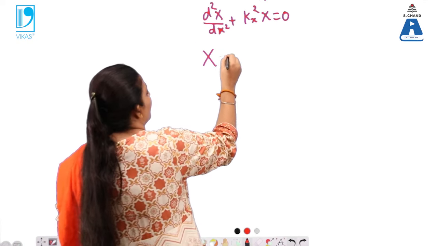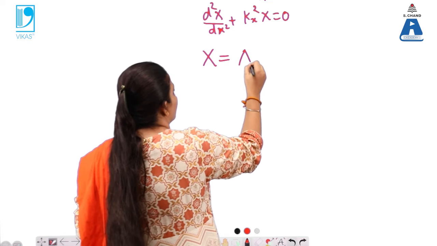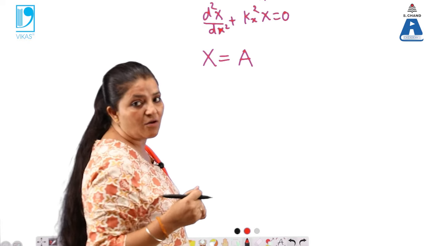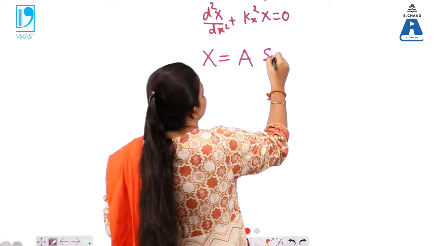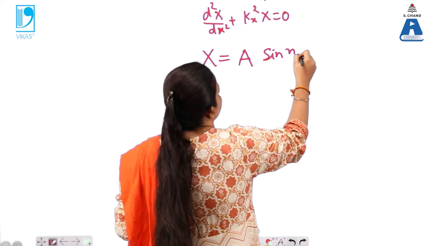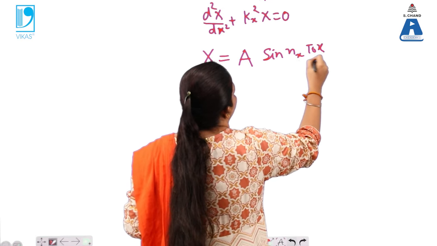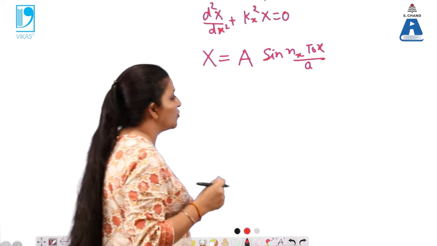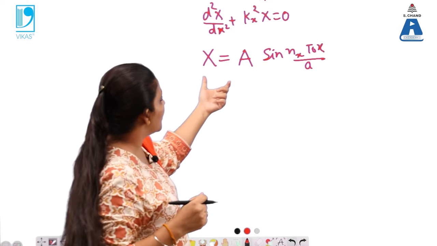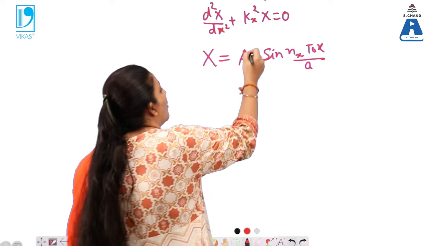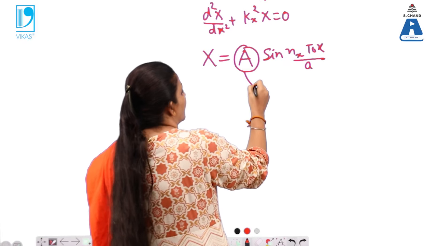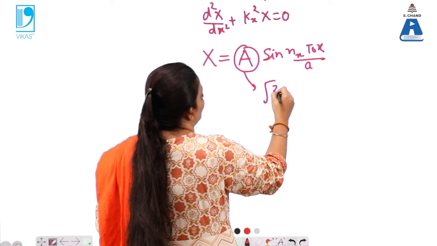So here X will be equal to A, a normalization constant along the x-axis, times sine nx pi x by a. So this is the solution of the wave along the x-axis. Now on normalization, we will get this A equal to under root 2 by a.